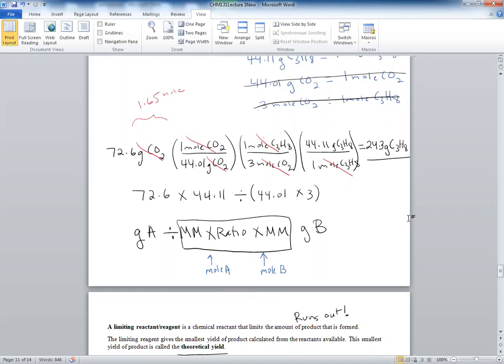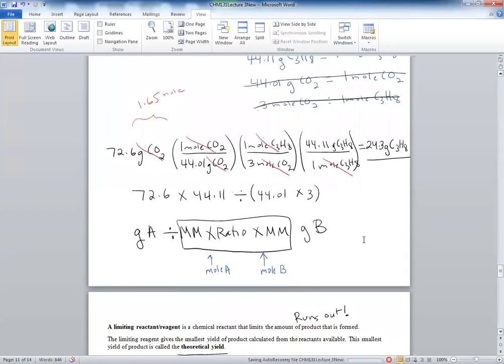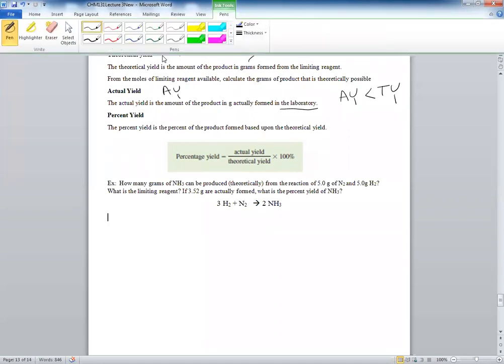So let's start, because we're going to do it actually twice, this grams to grams. Once again, it can be from moles to moles as well. So the question always is going to give you the actual yield. So as we can see down here, right away, we identify this as the actual yield.